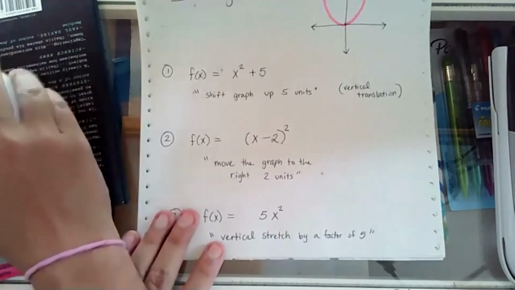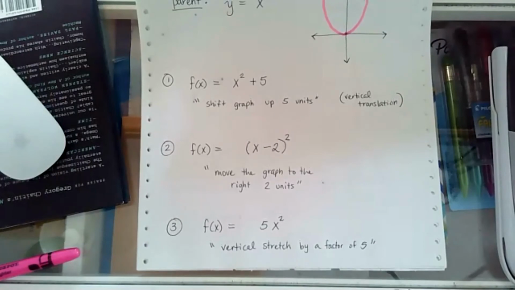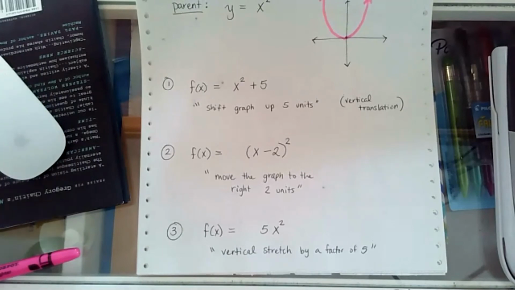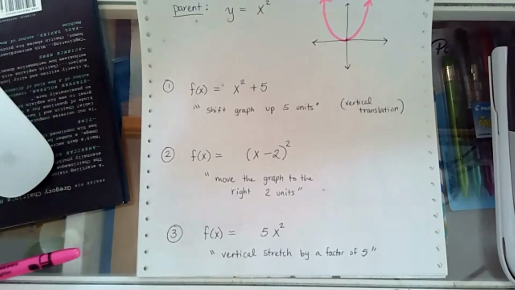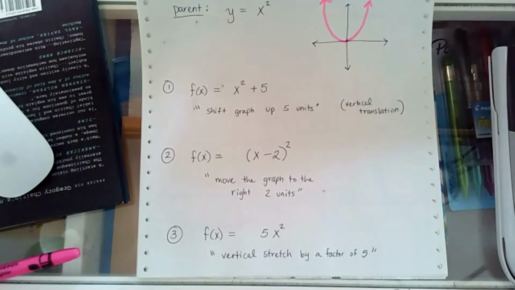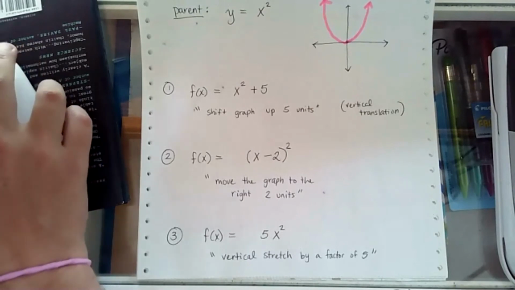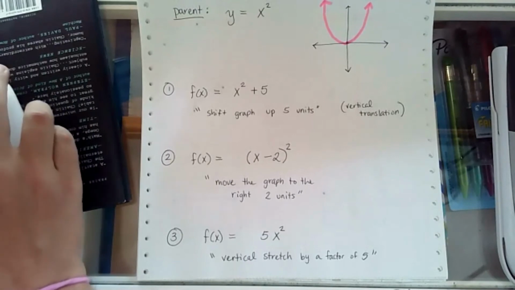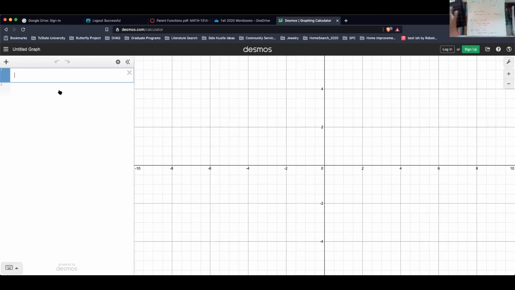So let me go ahead and see if I can get Desmos up and running so we can take a look at what these transformations are doing to our graph. All right.